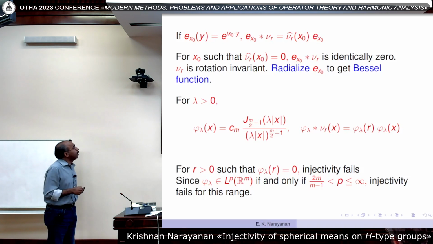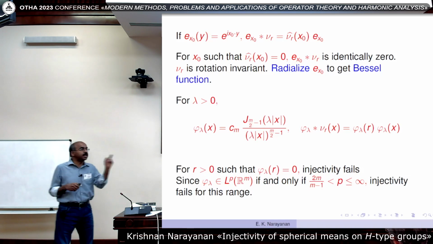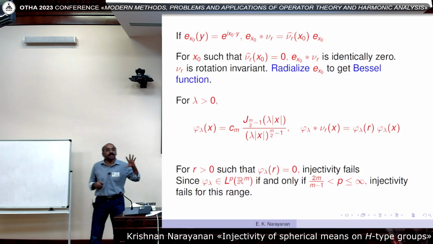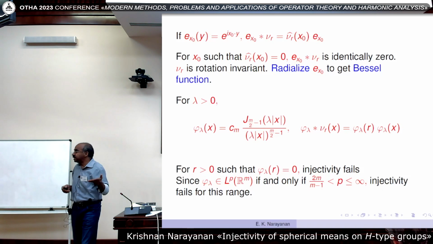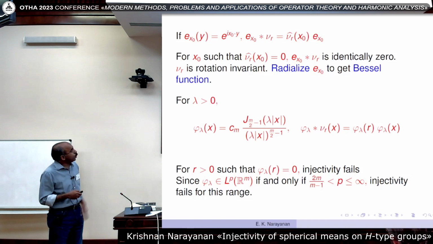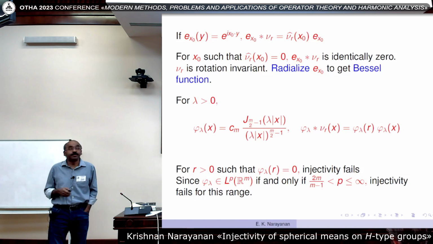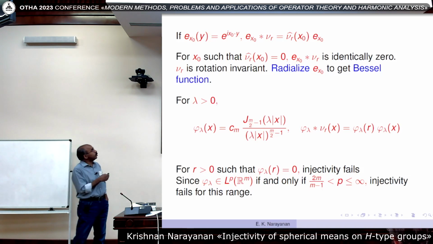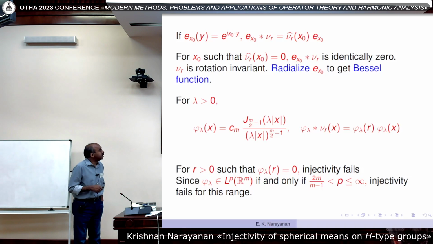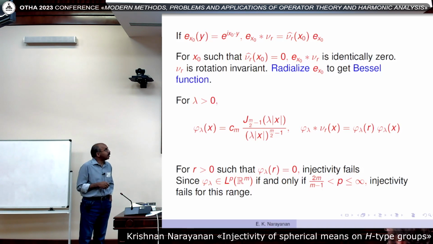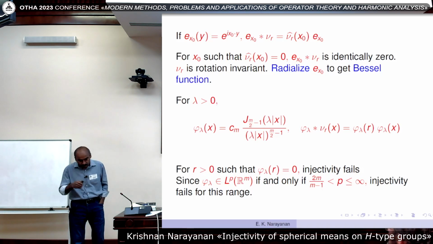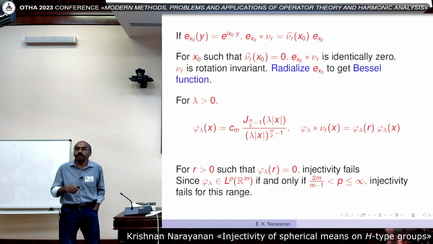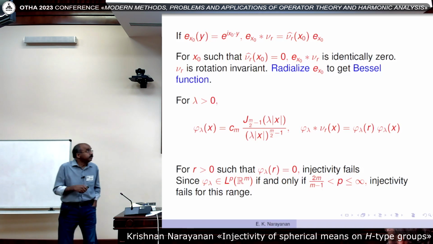You can do a little bit more because the measure nu_r is rotation invariant. So you can radialize this exponential and you will get a Bessel function. That's what I denote by phi_lambda. For lambda positive, look at phi_lambda, the Bessel function J_{m/2-1}(lambda|x|) over (lambda|x|)^{m/2-1}, the usual Bessel function on R^m.